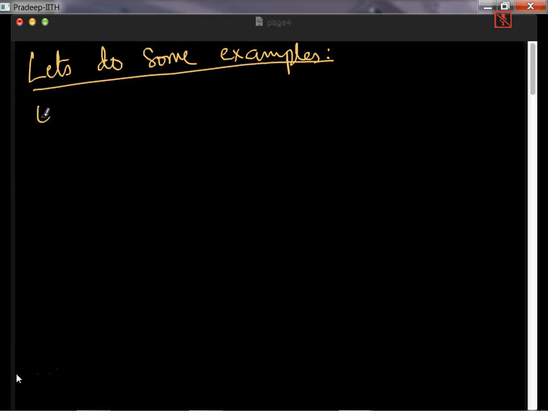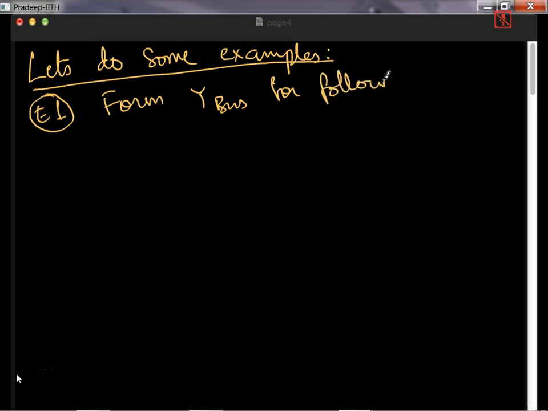So example first, okay. Form Y bus for the following network. So the network is like this.